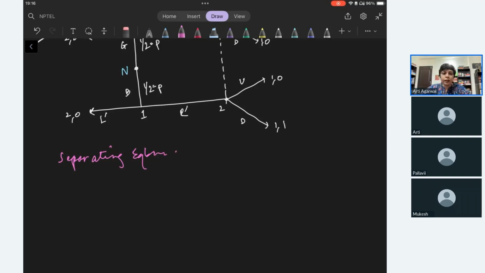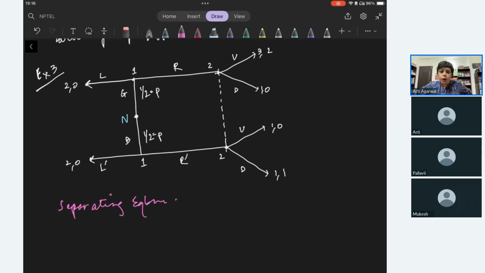A separating equilibrium is when you know the type of the first player at equilibrium. Suppose you are in a business and you don't know the type of your other player. Let's say G and B are good and bad.